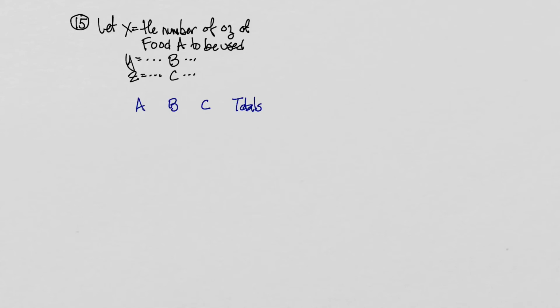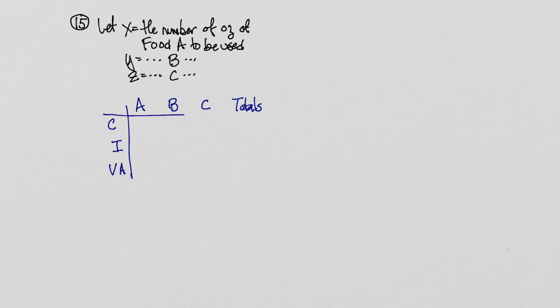The columns are the categories: food group A, food group B, food group C. Each food apparently has some calcium, iron, and vitamin A. So we're going to have calcium, iron, and vitamin A. I already have an A up here, so I'll use VA.